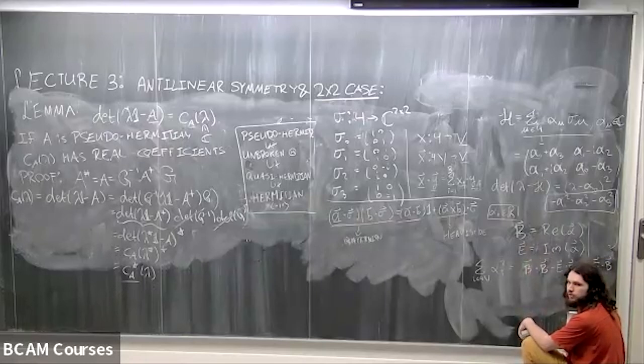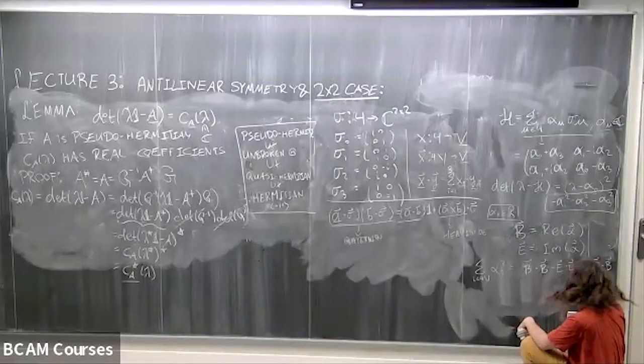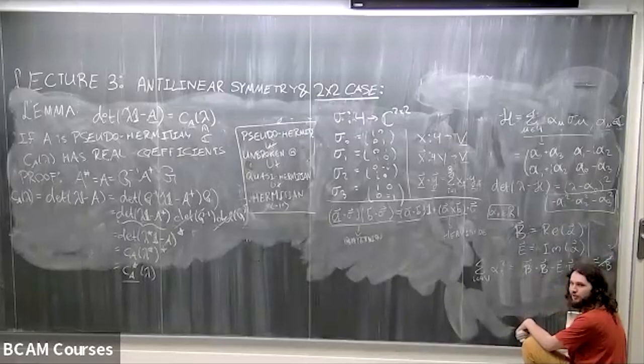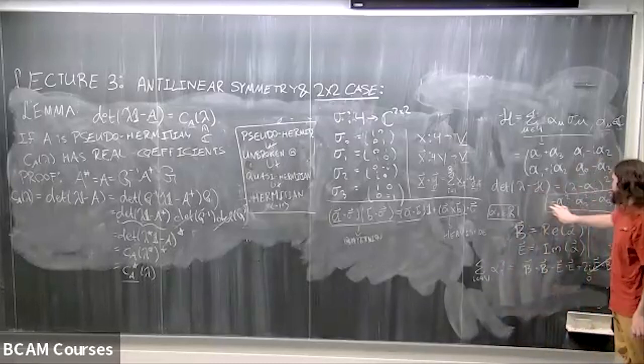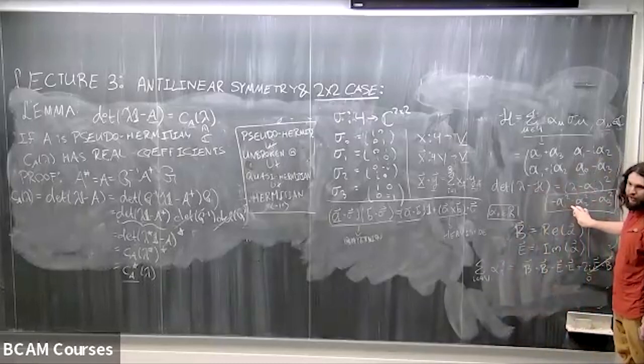Just another random fact is that for freely traveling electromagnetic radiation, one of the facts that you'll remember is that the electric and magnetic fields are orthogonal. So this thing should be 0, which works out because we want this characteristic polynomial to have a real coefficient for the constant term.